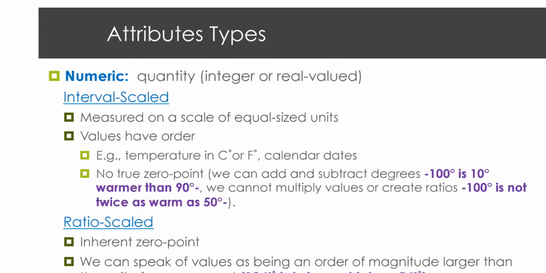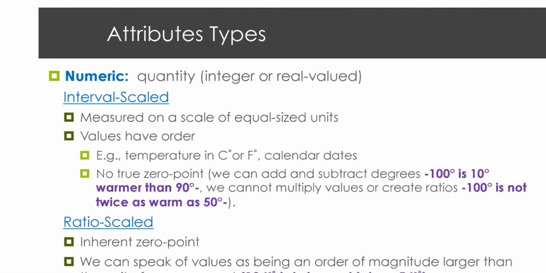Another point in interval scale is that values have a particular order, for example, temperature in centigrade or Fahrenheit, or calendar dates. The values have order, but there is no true zero point.